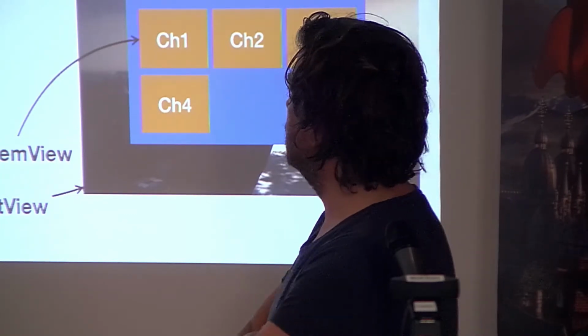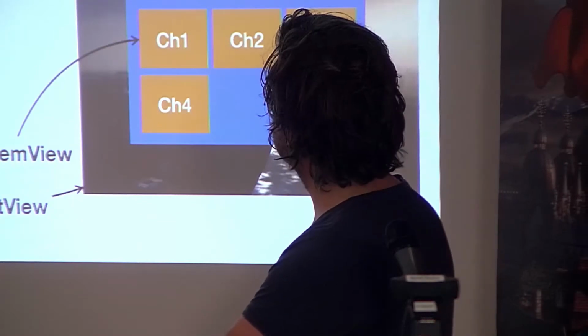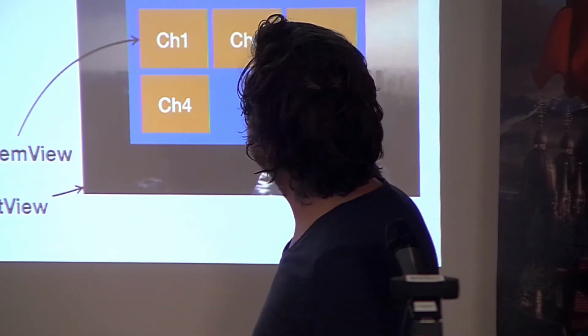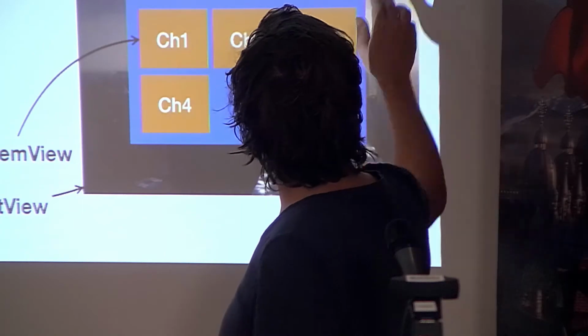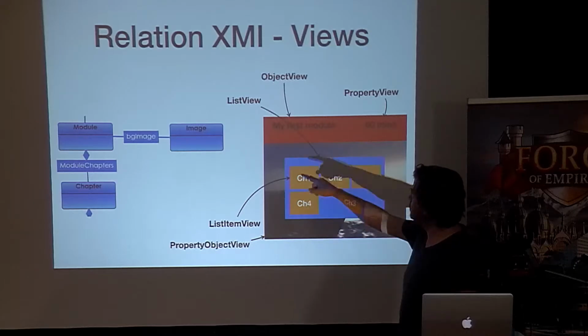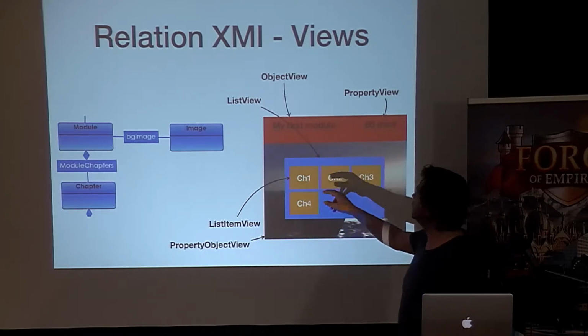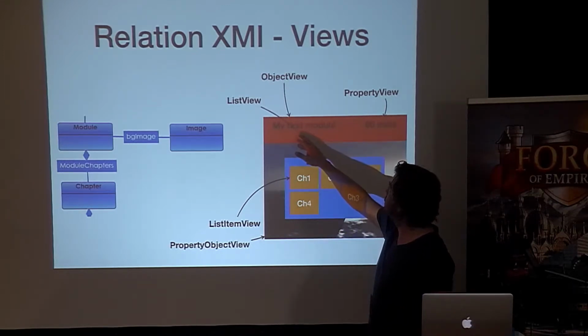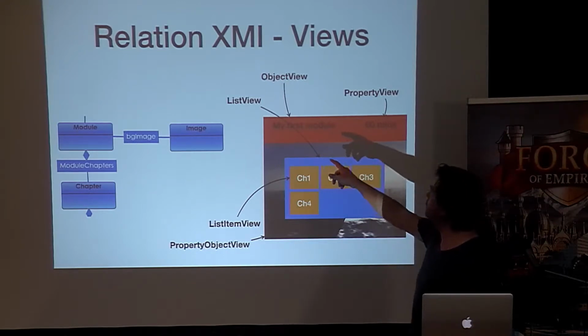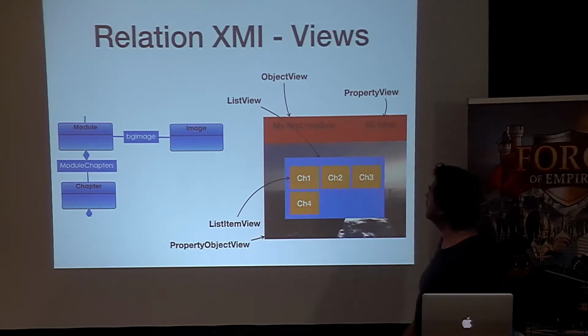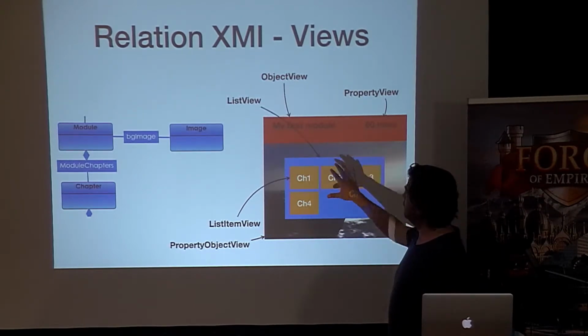This is something I already talked about, but it gives you a little bit more idea how it works. Here I have the module view, and the module has two properties, the name and the duration, and they are represented as property views. The module has a one-to-n relation to the chapters, and it's visible within the module view.